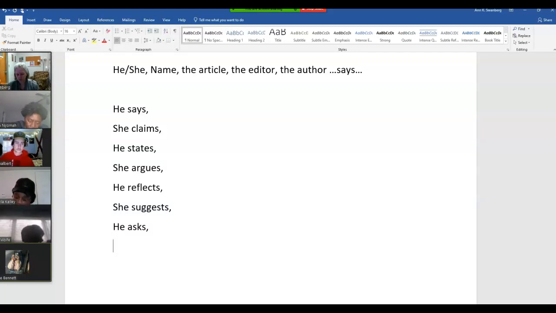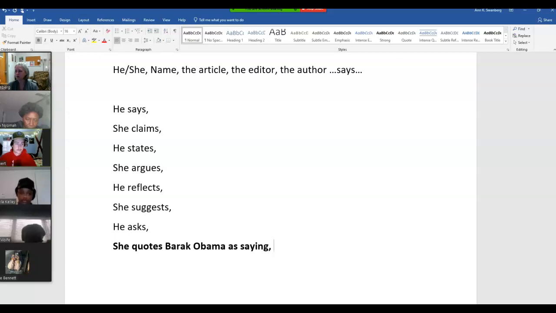I want to put one up here and ask you if it's correct. Is that one correct? Yes. When would it be correct? If the person that you're quoting is quoting somebody else in their article. In which case you have to do it this way.